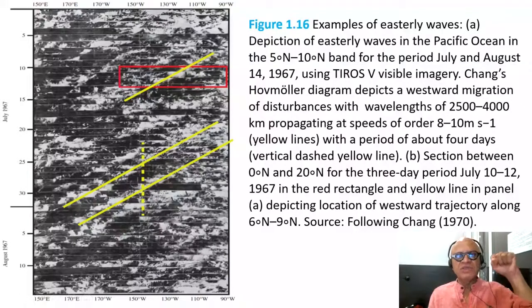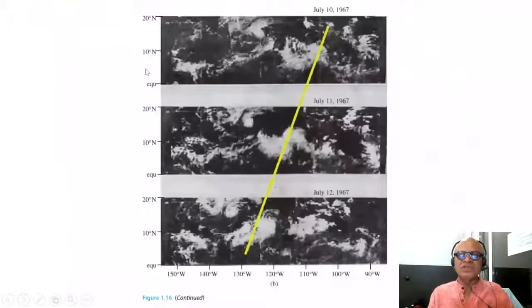This is the real speed as opposed to the theoretical speeds we have been calculating, with a period of about 4 days. Section between 0 and 20 north for 3-day period. In the red triangle and yellow line in the panel A, depicting the location of westward trajectory along 6 to 9 north. So this is the other 6 to 9 north section showing here as a latitudinal and longitudinal section.